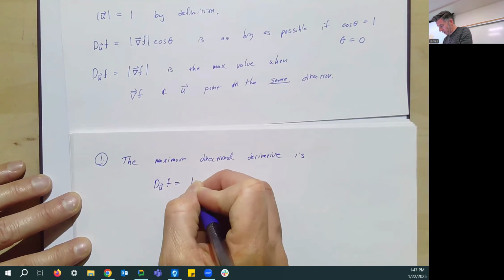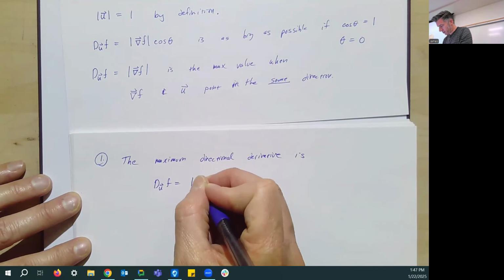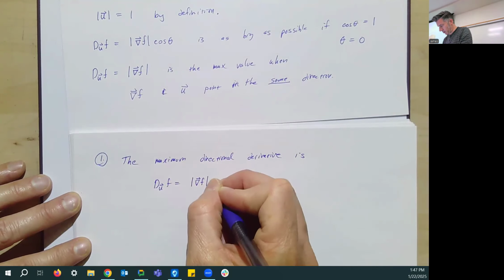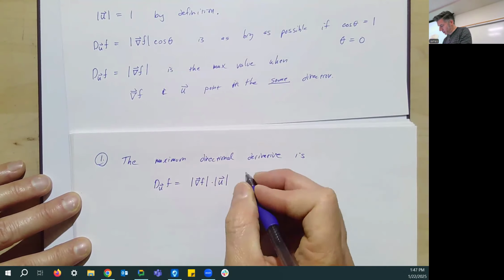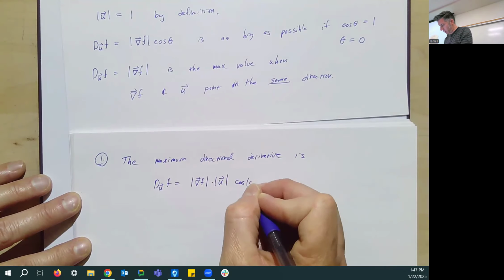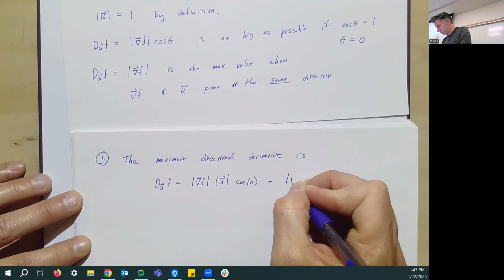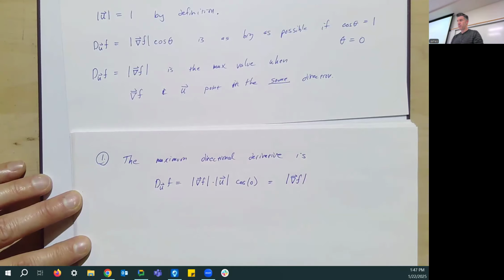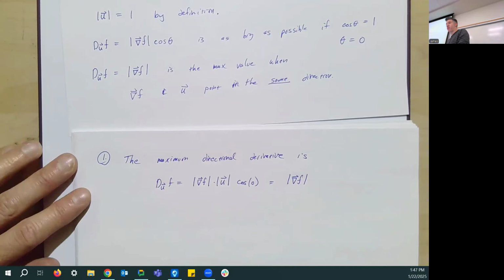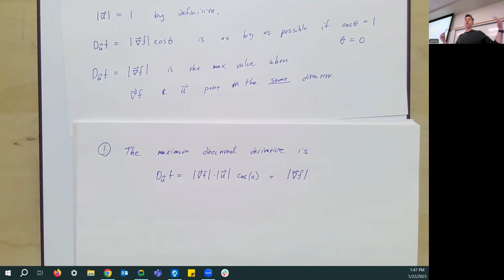The magnitude of the gradient times the magnitude of the unit vector times cosine of 0 degrees or 0 radians, same thing, which is going to equal the magnitude of the gradient. So if someone ever asks, what's the maximum slope you can have? It's just whatever the magnitude of the gradient is.